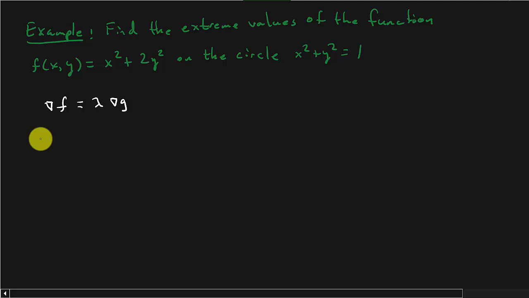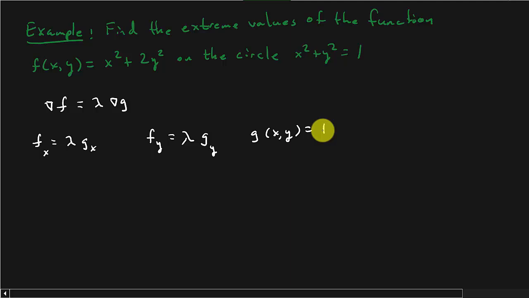So we've got the partial of f with respect to x is equal to lambda times the partial of g with respect to x, and then the partial of f with respect to y equals lambda times the partial of g with respect to y. And then we have g of x, y is equal to 1.